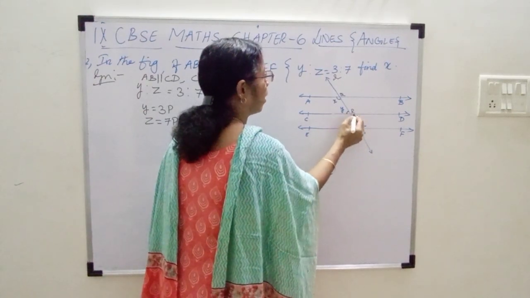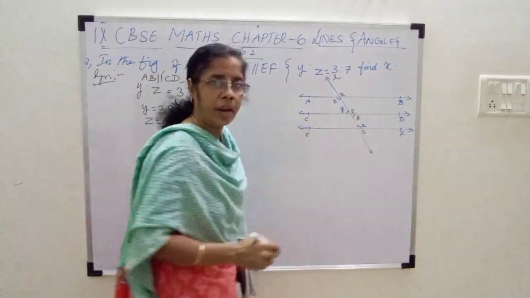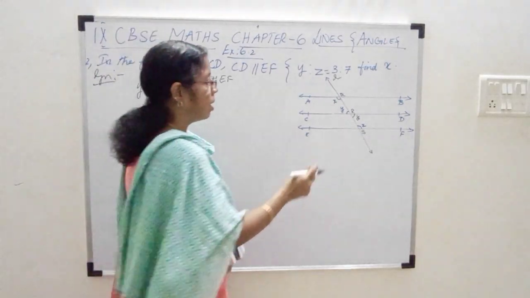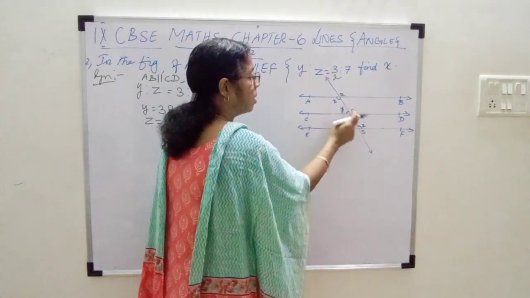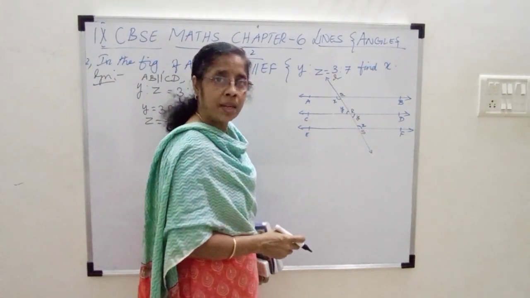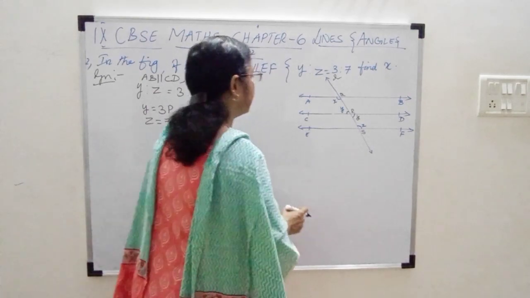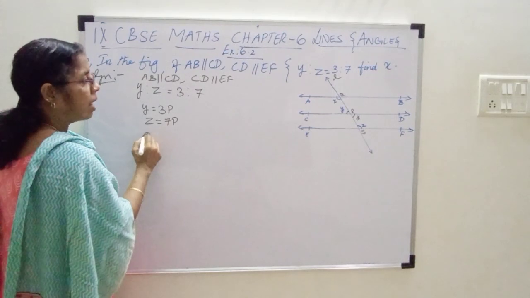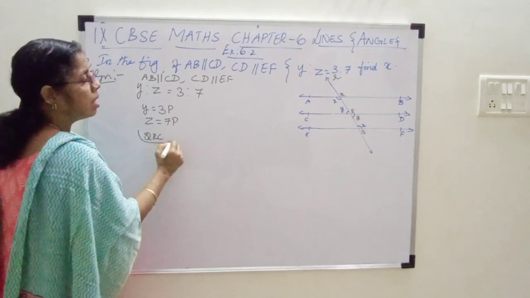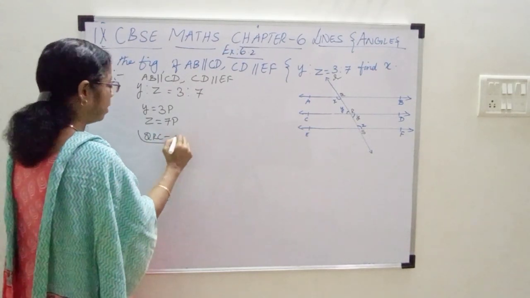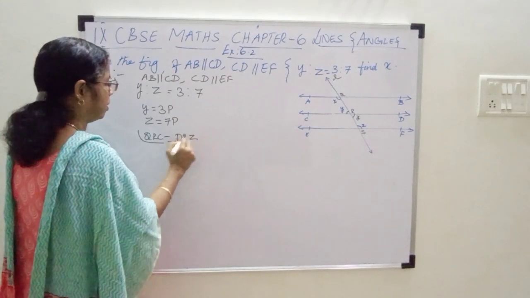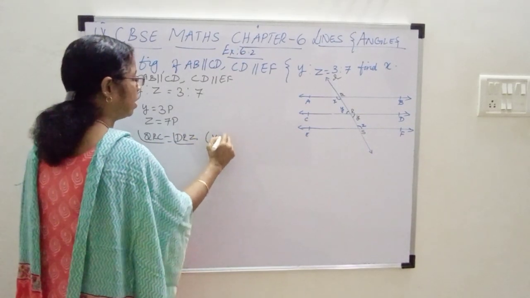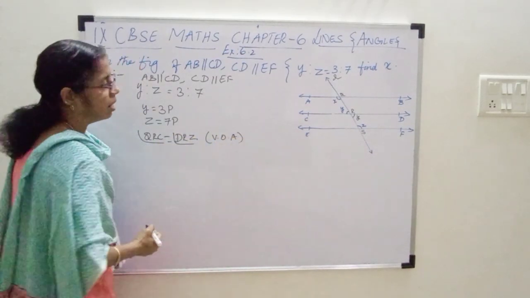That is, this Y, these 2 are equal. Can you say what is the reason for this? They are vertically opposite angles. Reason, vertically opposite angles. Okay.